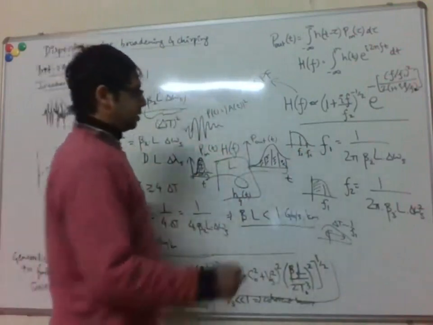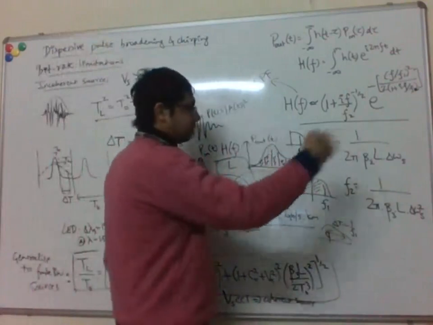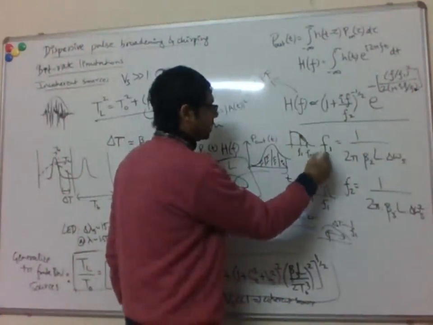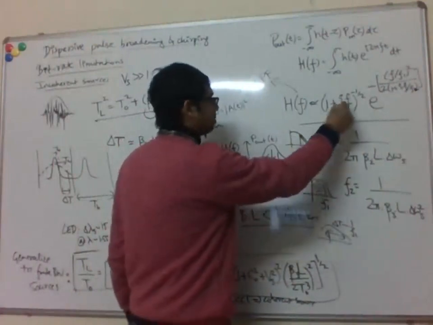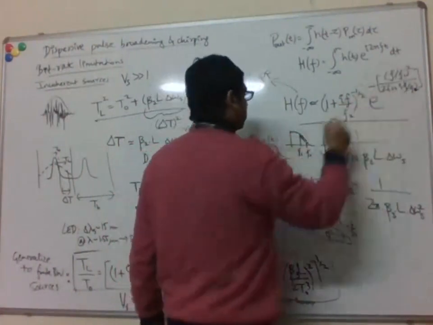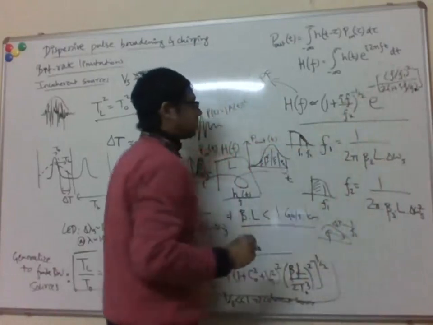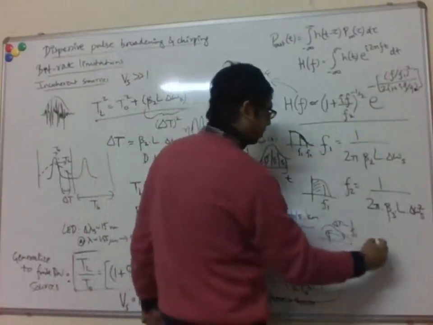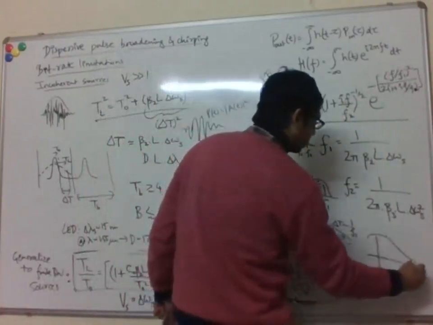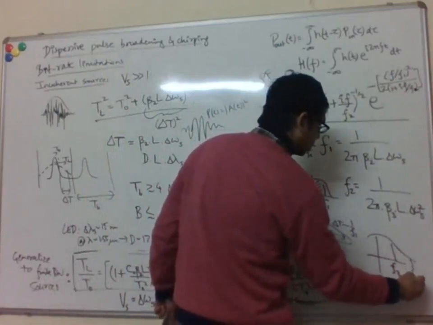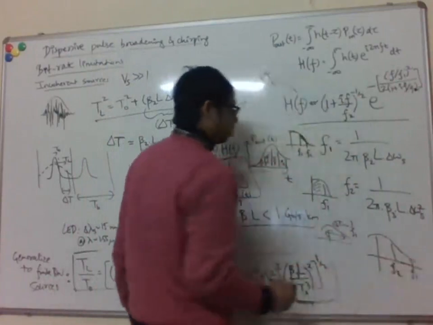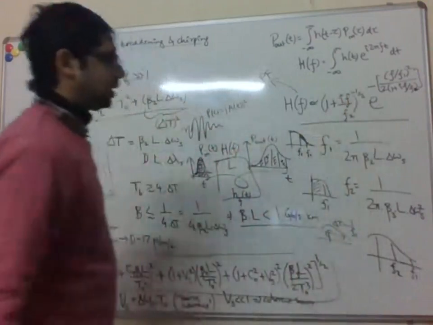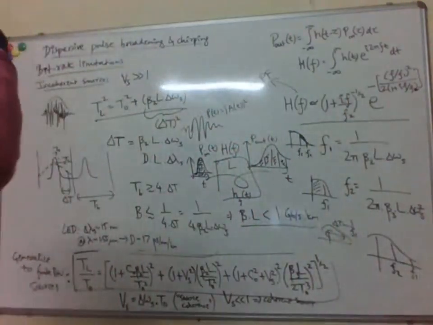In the typical case where you're operating away from the zero dispersion point, F1 is smaller than F2, so the F1 term will determine the filter response. In case you're operating close to zero dispersion, then F1 becomes larger than F2, and then the F2 term will determine your fiber response.